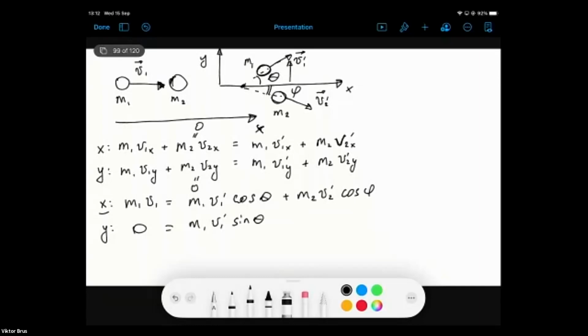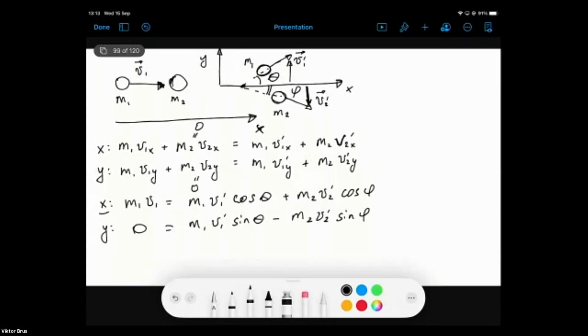The same stands for the second body, but here we need to take into account that the projection of the linear momentum vector of the second body after collision on axis y will be negative, because it will be going in the opposite direction to axis y. So here we will get minus m2 times v2 prime times sine phi.